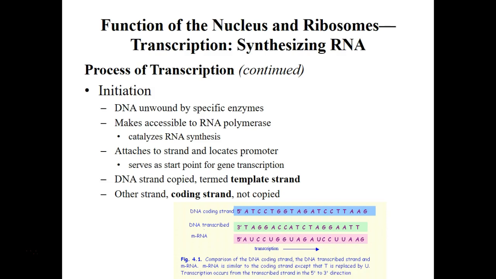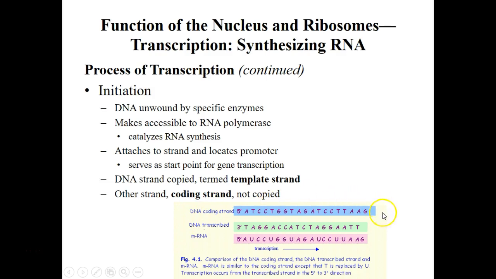In initiation, we start at the start or promoter sequence. RNA polymerase binds, and then we can start producing an identical copy of the coding strand from what we call a DNA template.